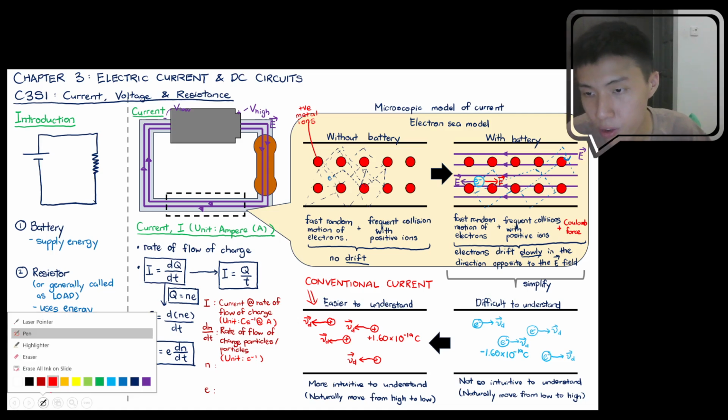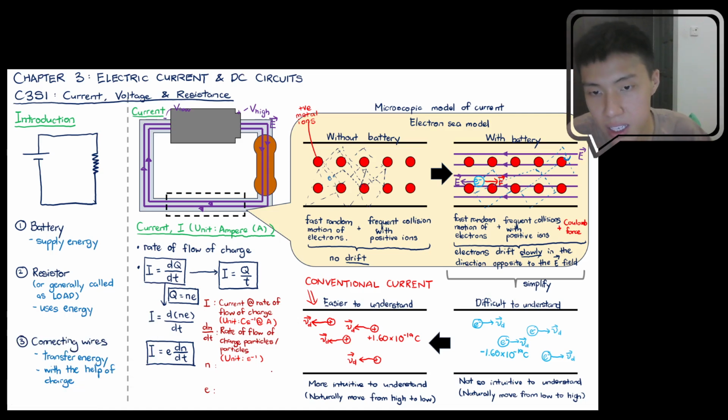Continuing from there, we have N and E. N is just the number of charged particles or number of electrons. And lastly, you have E over here.